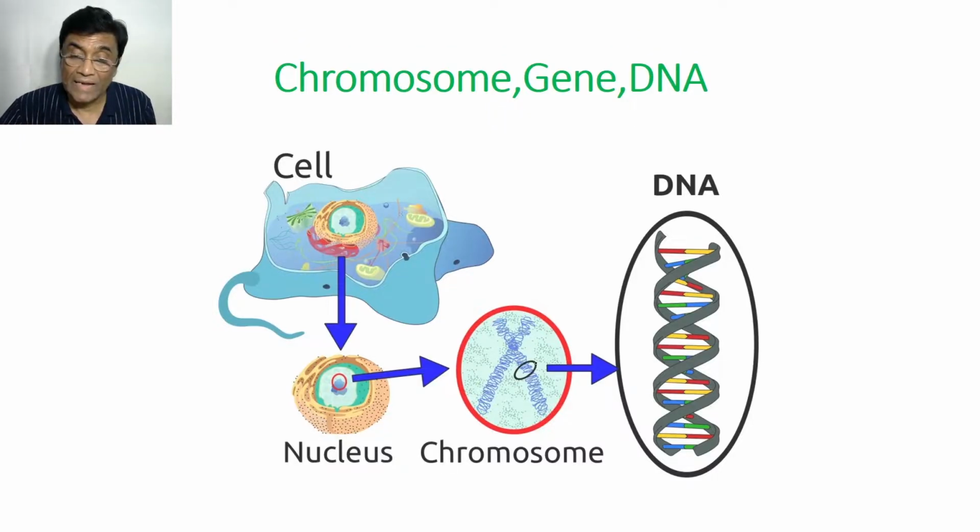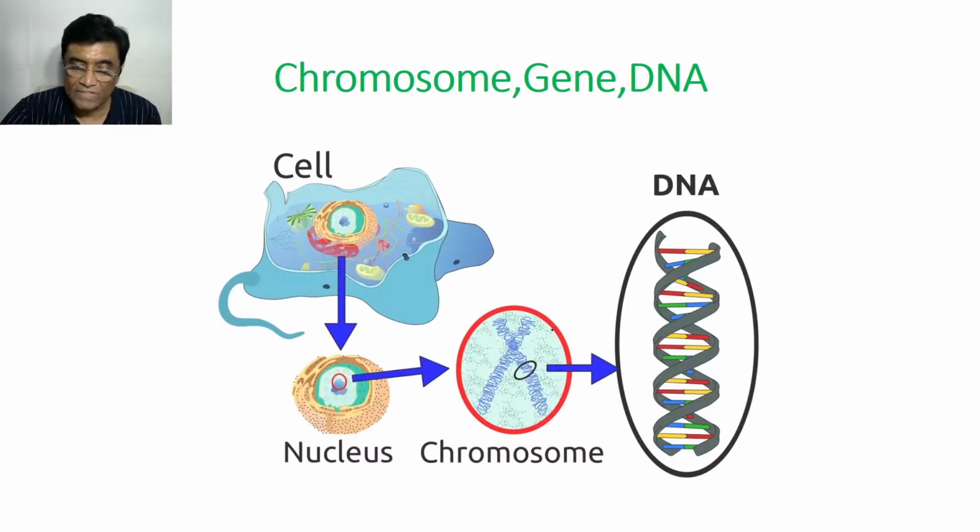Some part of the chromosomes they call a gene. So this could be a gene, this could be another gene. A gene carries the hereditary material or genetic material, and that consists of DNA, deoxyribonucleic acid.